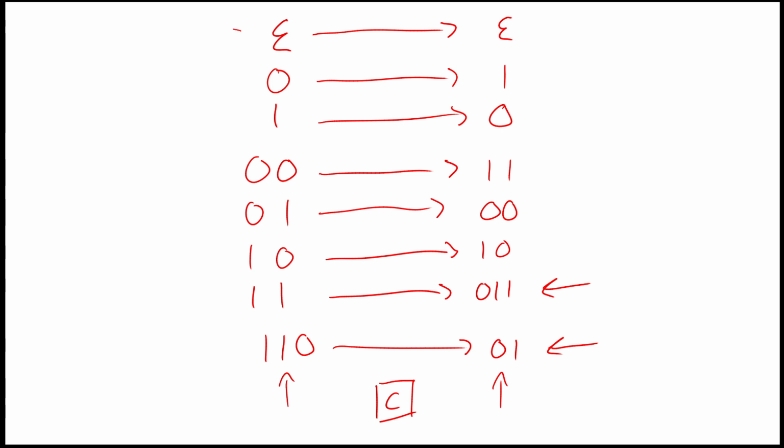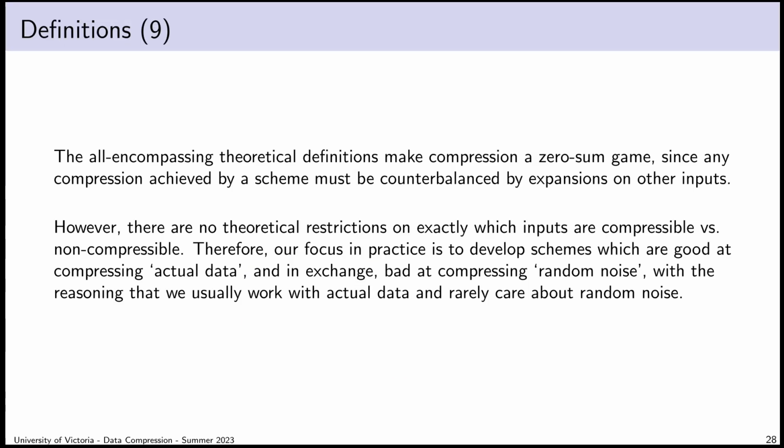There are only a certain number of bit strings that are smaller than 3 bits. And if all of them are going to be compressed or stay the same size, there's no room for a 3-bit thing to achieve compression. So what I end up with is this property that compression is basically a zero-sum game. Anytime I achieve compression, there must be some other input that ends up expanding, basically.